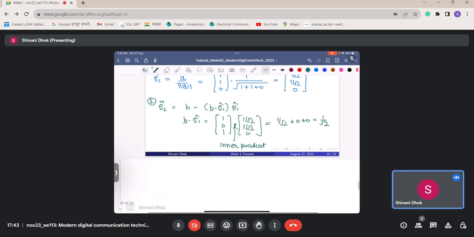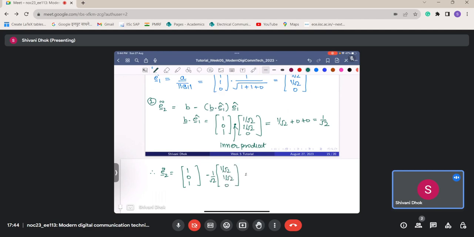Therefore, e2 tilde is b minus 1 by root 2 times (1 by root 2, 1 by root 2, 0).